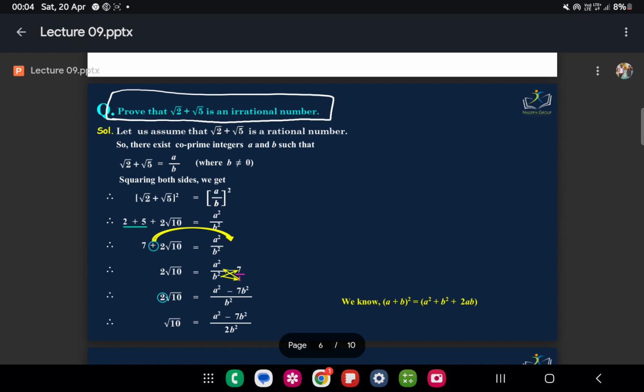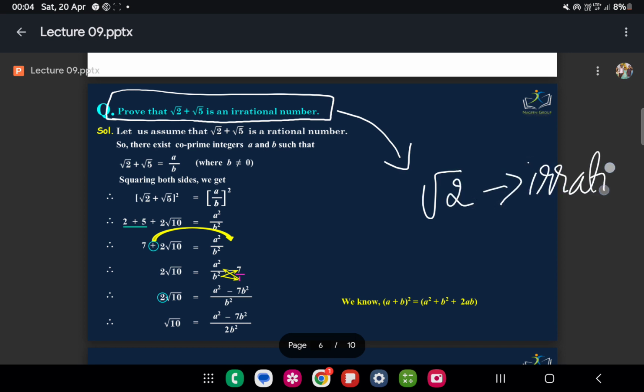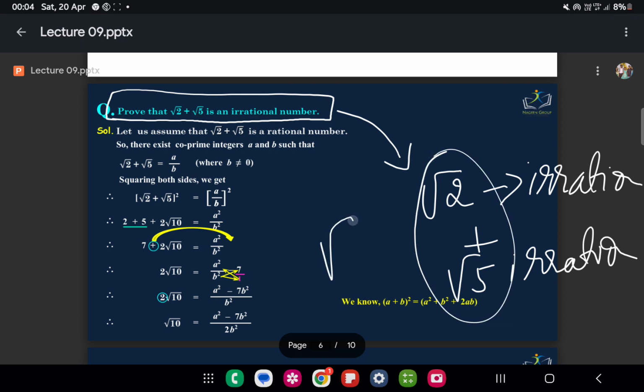As an example, generally I am telling, root 2 is irrational, plus root 5 irrational. If we add these two numbers we will get an irrational number only. This is the logic we have to think in our mind.